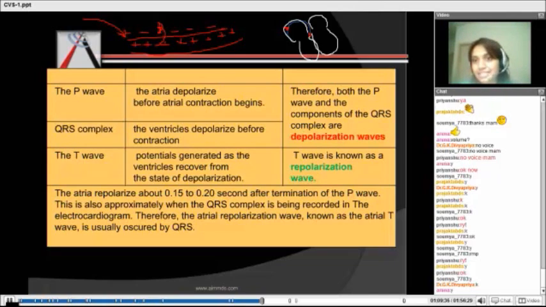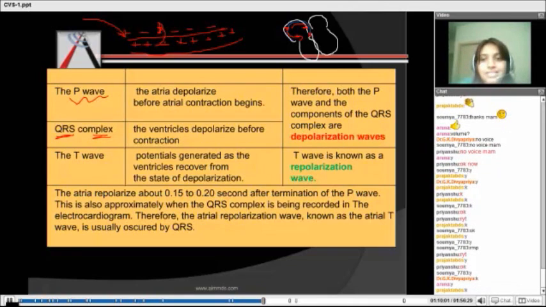Once this depolarization wave sweeps across the atria, the atria will contract, and that gives you the P wave. The P wave is nothing but a depolarization wave that sweeps across the atria, while your QRS complex is nothing but a depolarization wave that sweeps across the ventricle.